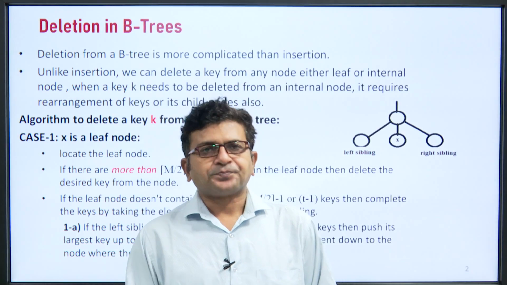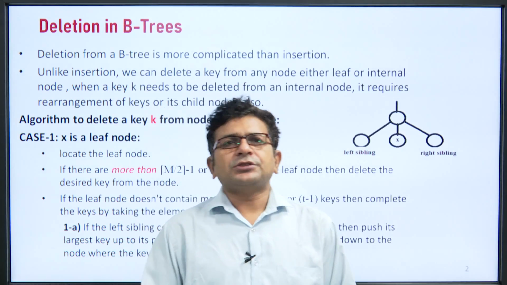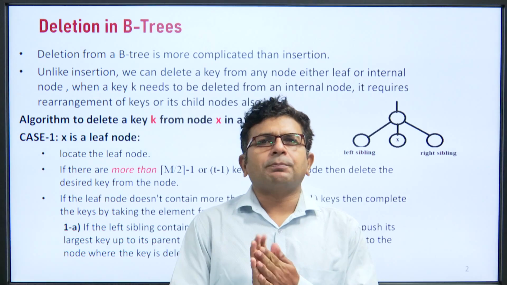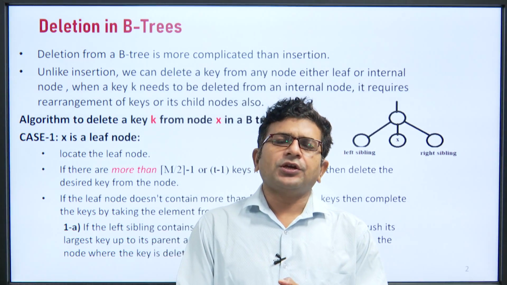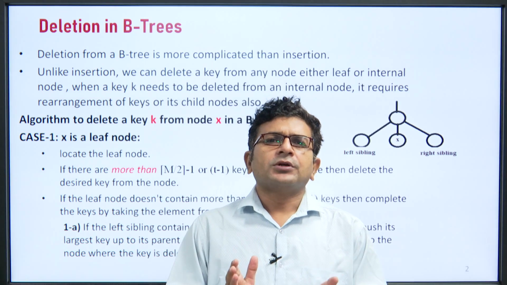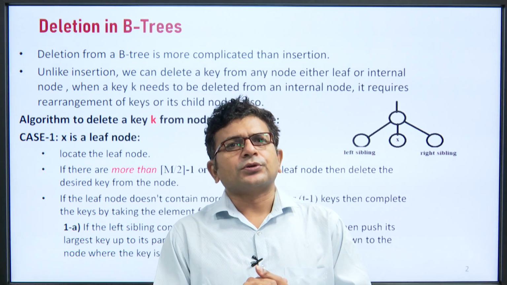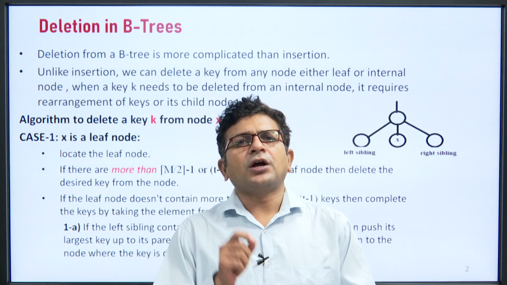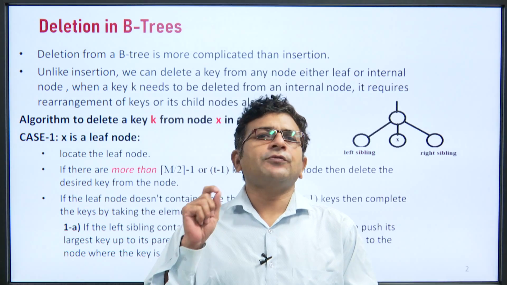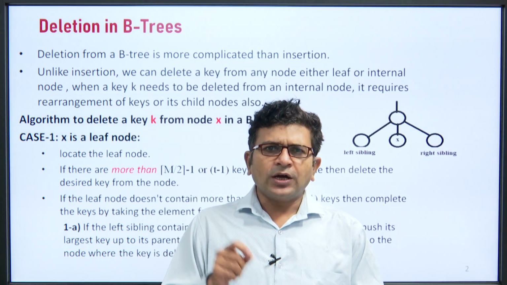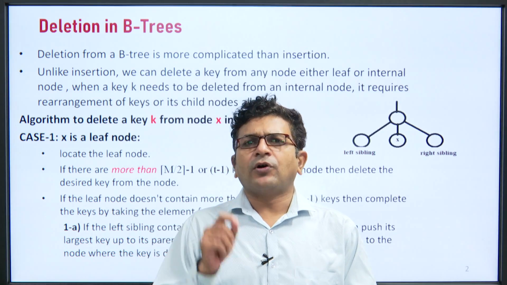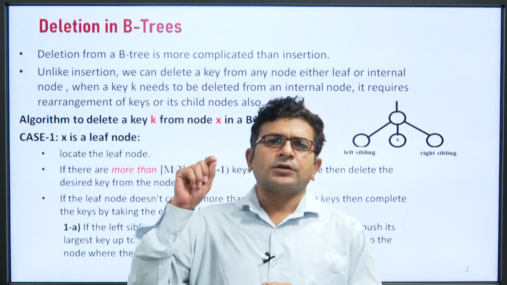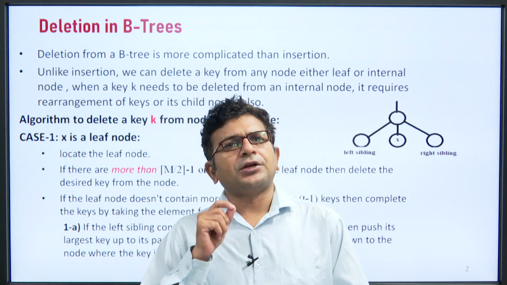Now, just see, deletion operation in B-tree is more complicated than the insertion operation. Why? Because in a B-tree, if you perform the insertion operation, any new key is always added to a leaf node. While deletion can be performed either from a leaf node or from any internal node.